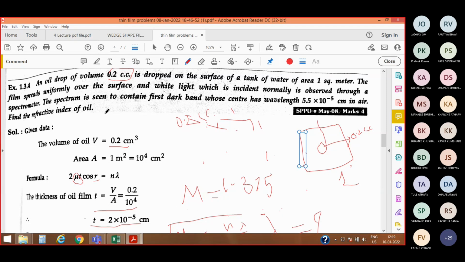The spectrum is seen to contain first dark band whose center has wavelength 5.5 into 10 raised to minus 5 centimeter in air. Find the refractive index of the oil. म्यू की वैल्यू आपको फाइंड आउट करना है.